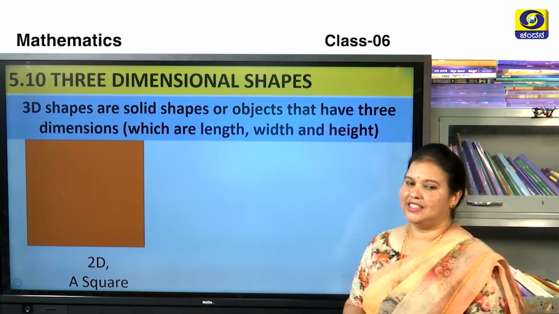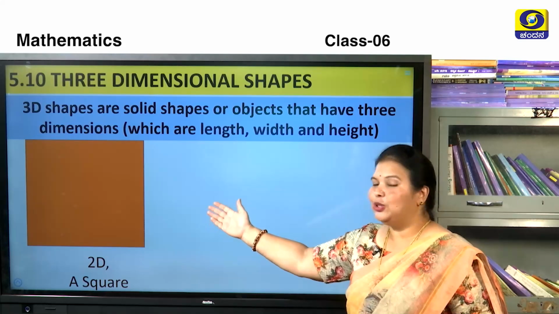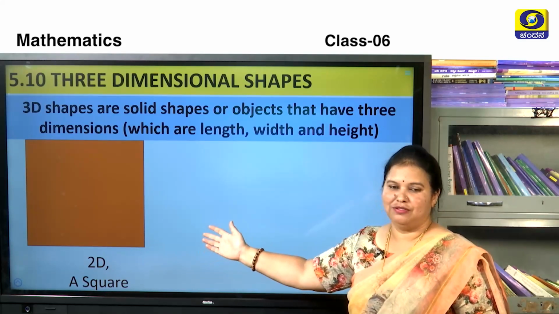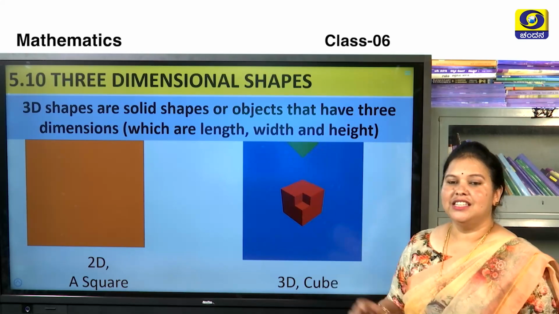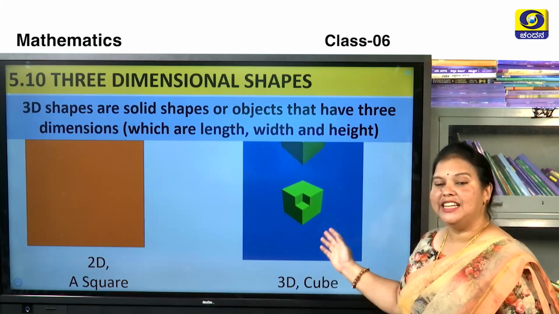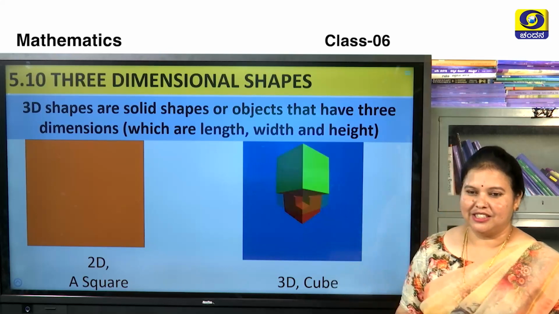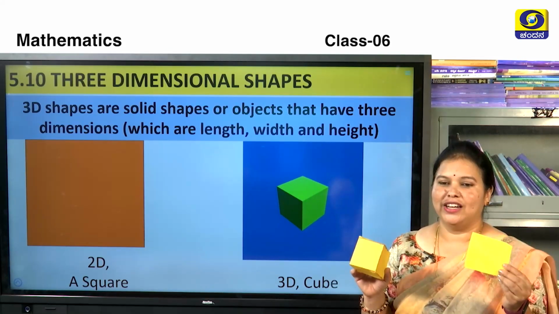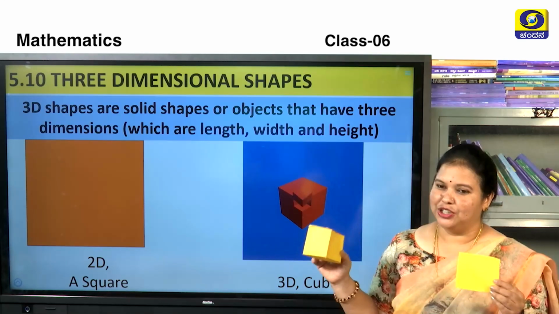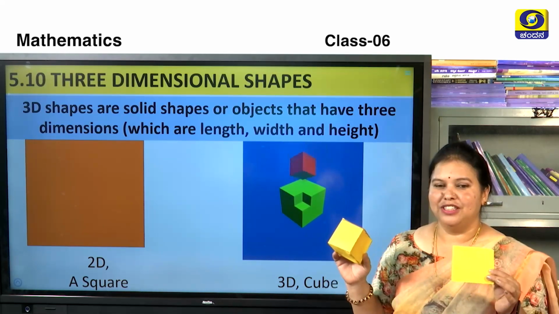Children, you see here it is a 2D figure or two-dimensional figure. It is a square, and this one is a cube and it is a three-dimensional figure, isn't it? So here we have a two-dimensional square and a three-dimensional cube. You can compare between these two.